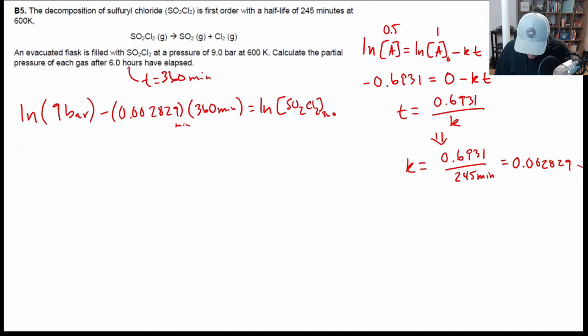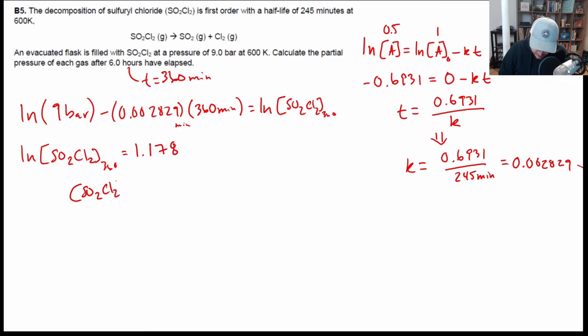So the natural log of SO2Cl2 at 360 minutes is equal to the natural log of 9 minus 0.002829 times 360, which is 1.178. If we take e to the power of that, the pressure after 360 minutes is 3.25 bar. So that's how much is left over.